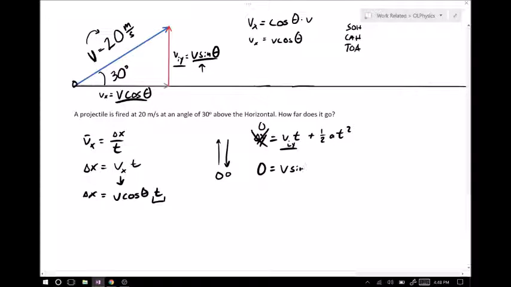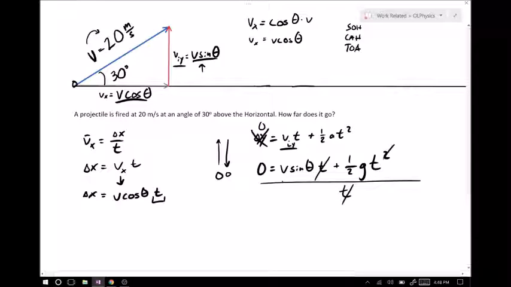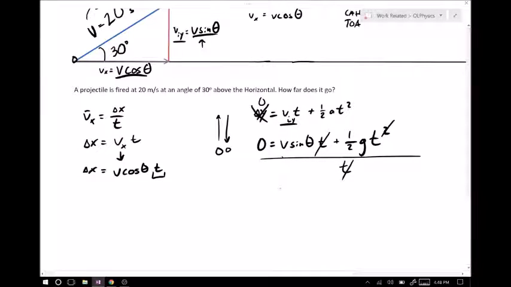So I'll put v sine theta multiplied by t plus 1/2, and let's remember gravity is the acceleration for objects in free fall, t squared. Now I can divide this whole thing by t, which cancels out some of the t's, and that gets us 0 equals v sine theta plus 1/2 g multiplied by t.